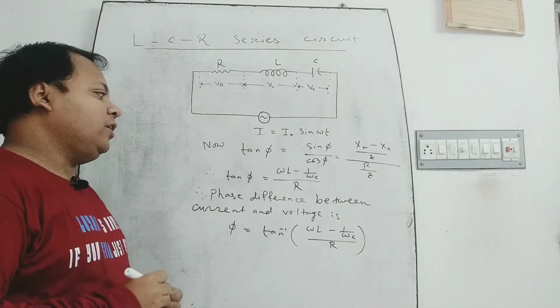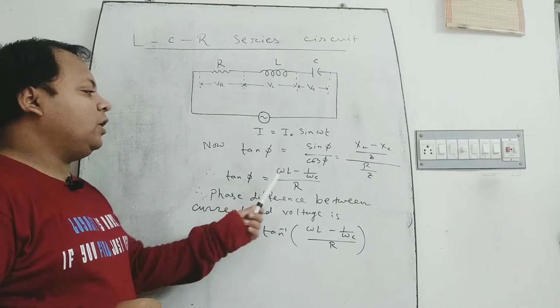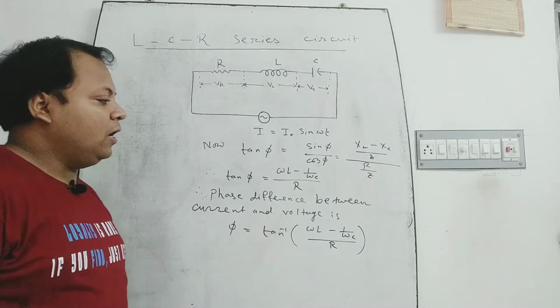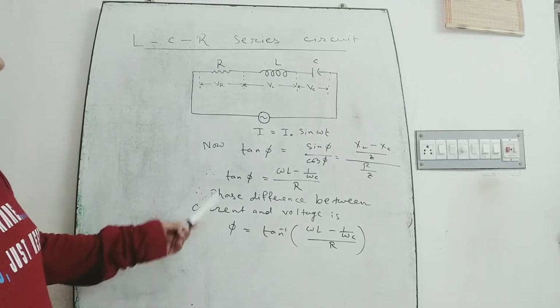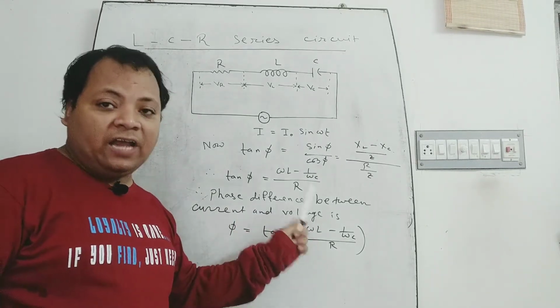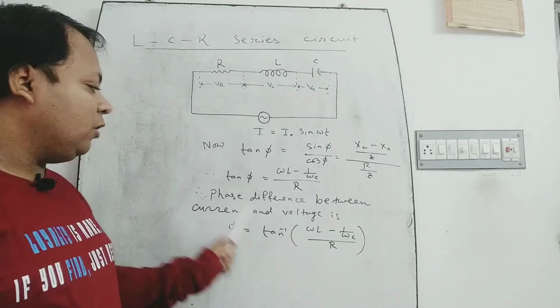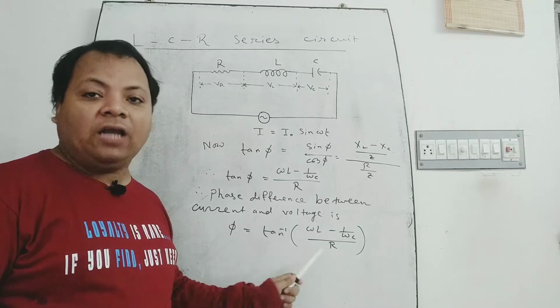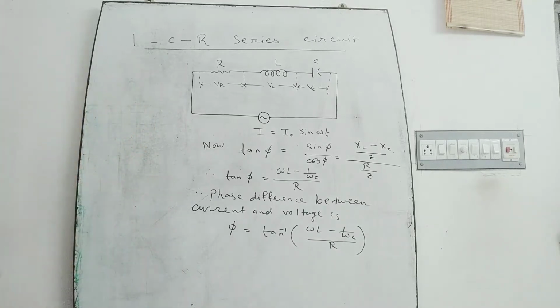Therefore, φ is equal to tan inverse of (ωL minus 1/ωC) divided by R.